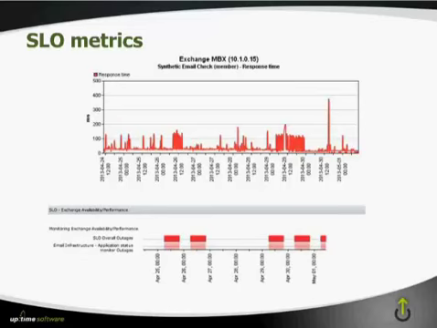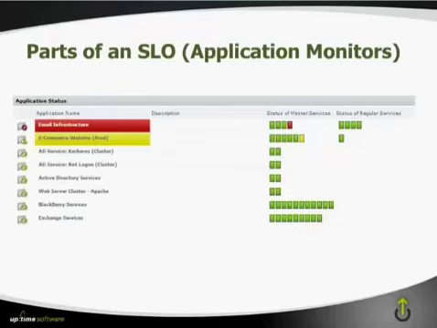So now let's flip into the detailed parts of an SLO. This is a different dashboard view, and what it lists here is different kinds of applications, right? Here we have a collection of application monitors, and you can see a bunch of these are part of the email service.